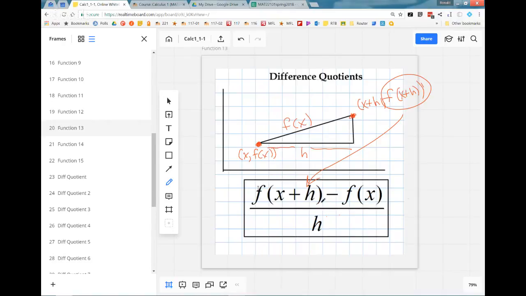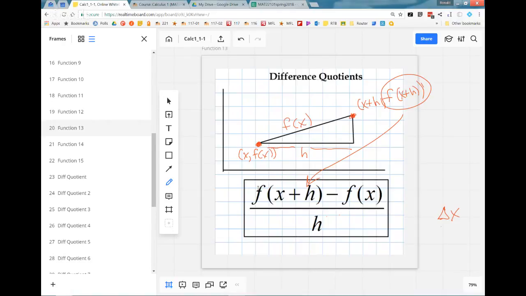So this thing in the box down there is a difference quotient, f of x plus h minus f of x all over h. Now, sometimes our book uses delta x in place of h, and that's fine. I'm not trying to confuse you.